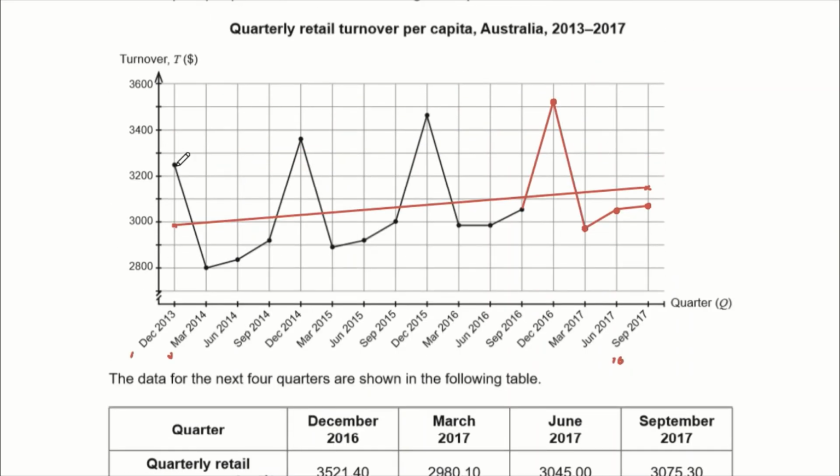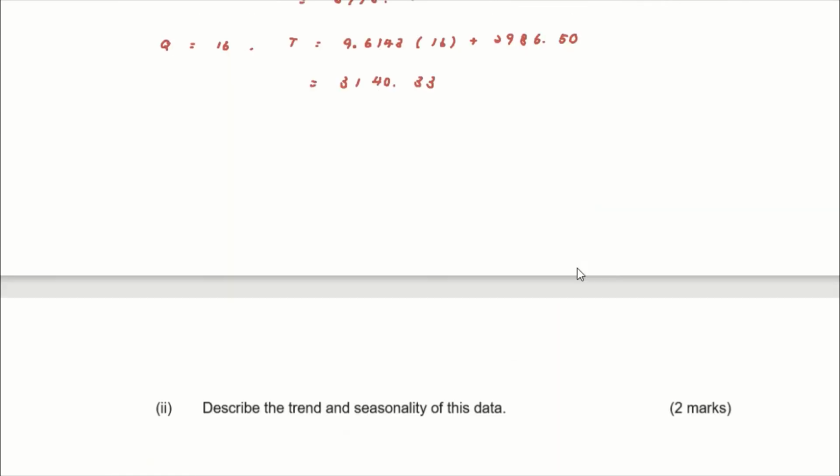So you can see the highest point that you have is always like this point. Then you can see that it's always the quarter for December. Then the lowest point that you have is always the March. Okay, so this is some information that you can write down.